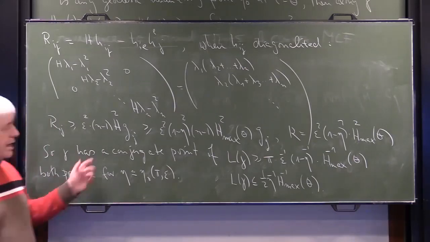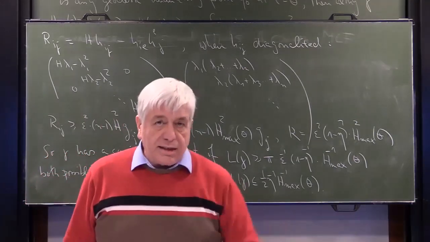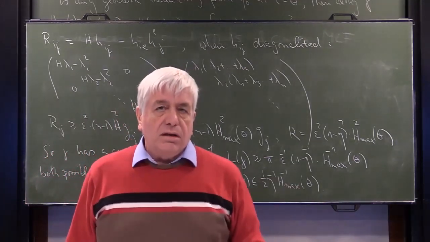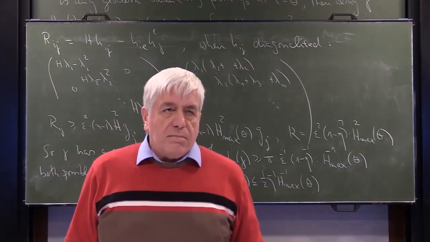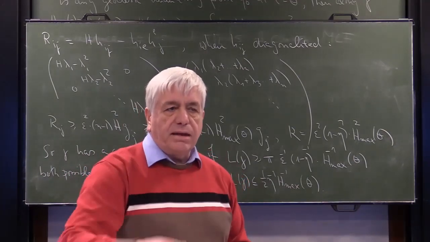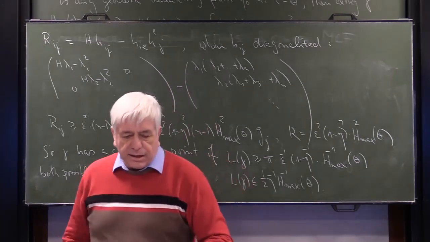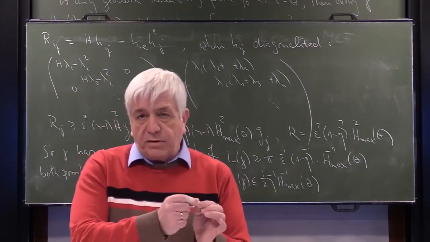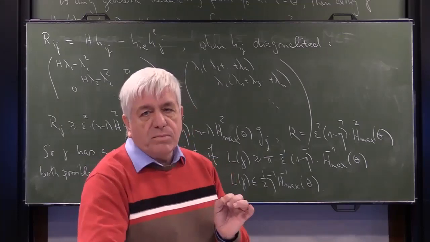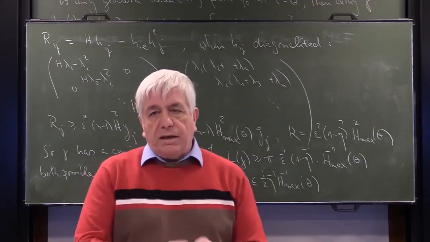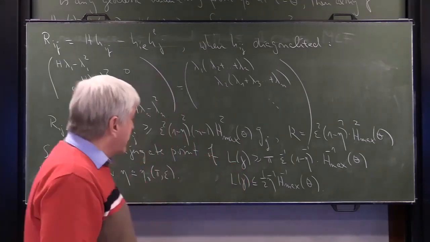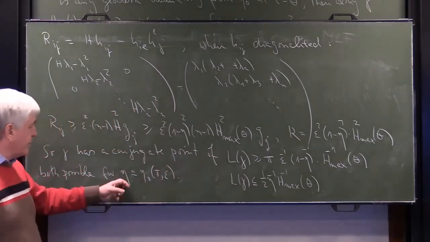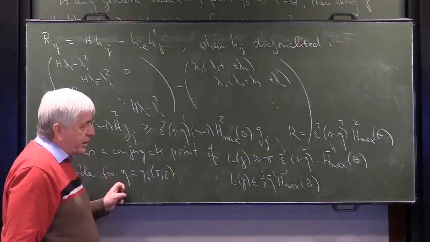But then all these geodesics going in any direction have conjugate points. But that must mean that in particular the geodesic that goes from the maximum point of the mean curvature to the minimum point of the mean curvature must be satisfying these inequalities if eta is small enough.